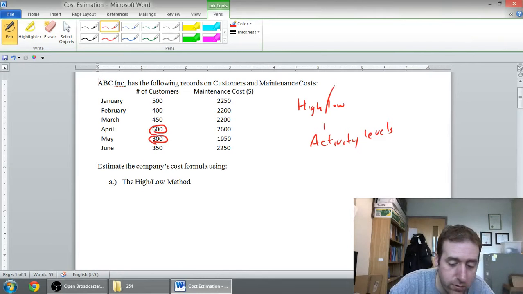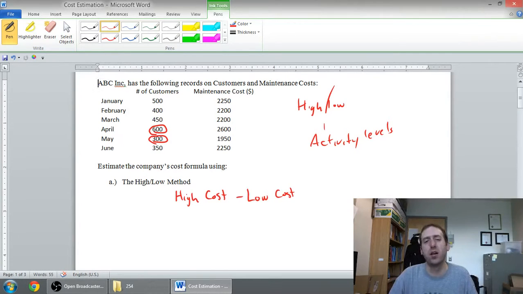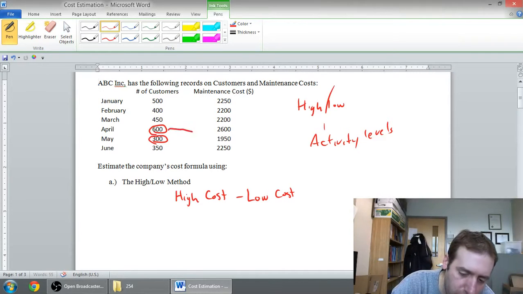The formula for the high-low method is high cost minus low cost. Now I'm saying high cost minus low cost. What I really mean is the cost related to the high activity level. So in this case, our high cost is going to be 2,600, and our low cost is going to be 1,950.